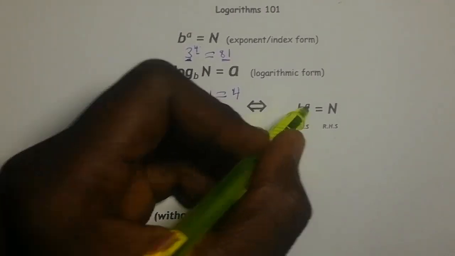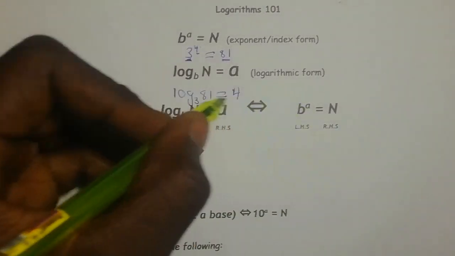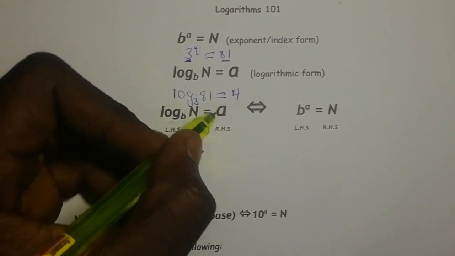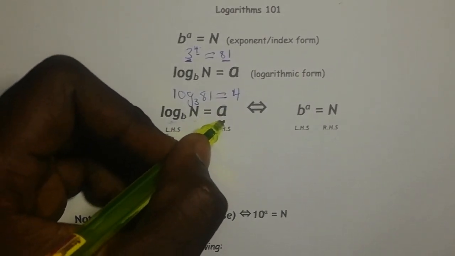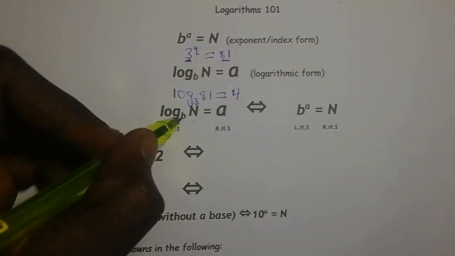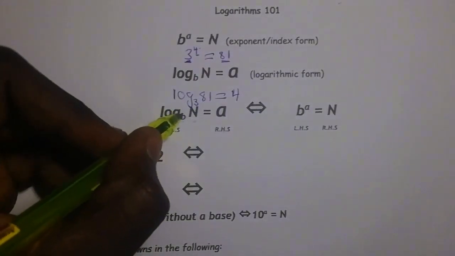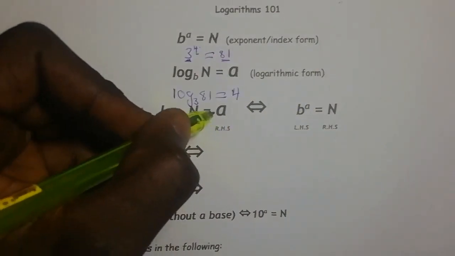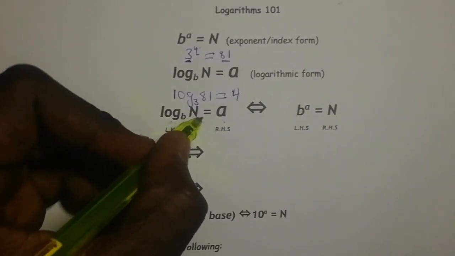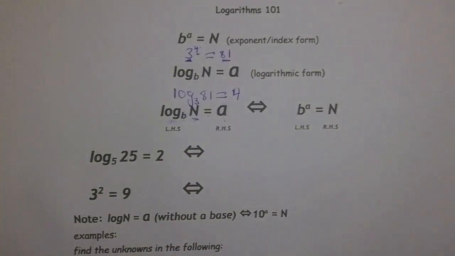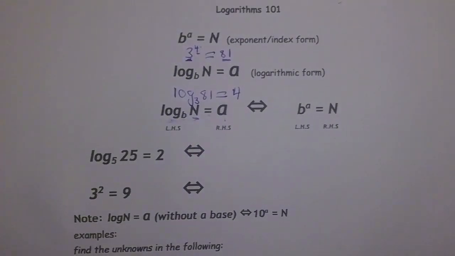We make it a bigger number and put it to the power of the number on the opposite side, on the right side of the equation, which is a. So we write b, the number in the middle, power the number at the opposite side of the equation, equals n, the last number before the equal sign. That's a way to remember this.